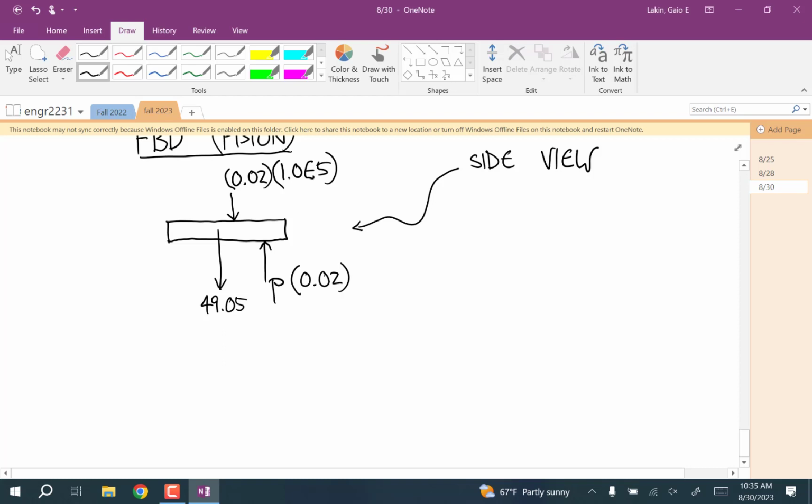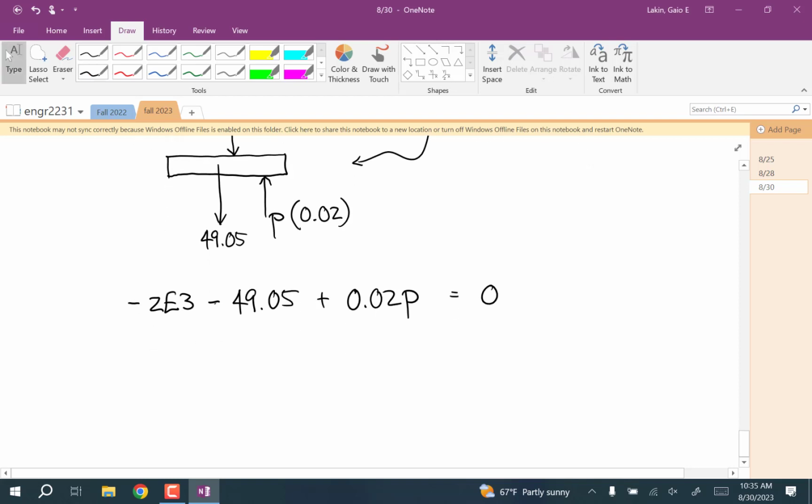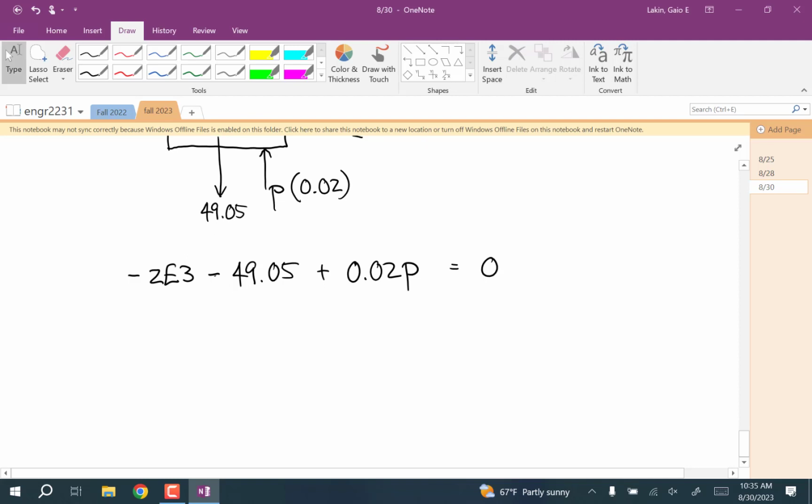I'm going to call up positive and down negative. So we have negative 2 times 10 to the 3, which is the 0.02 times the atmospheric pressure, minus 49.05, plus 0.02 P is equal to 0. And I used different numbers. Can someone calculate that for me?